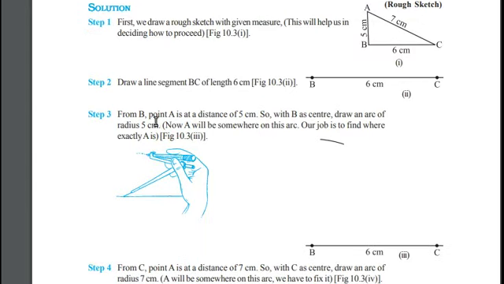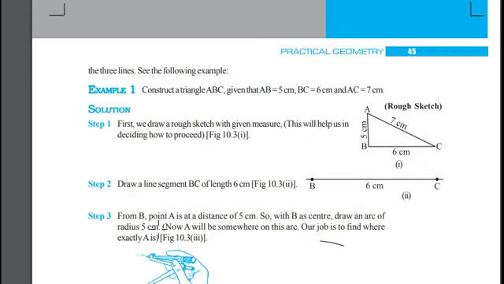Step 2. This is where the actual construction starts. Draw a line segment BC of length 6 cm. Here we drew a line segment of 6 cm. Here we have used a scale. Now let us use compass. Step 3. From B, point A is at distance 5 cm.